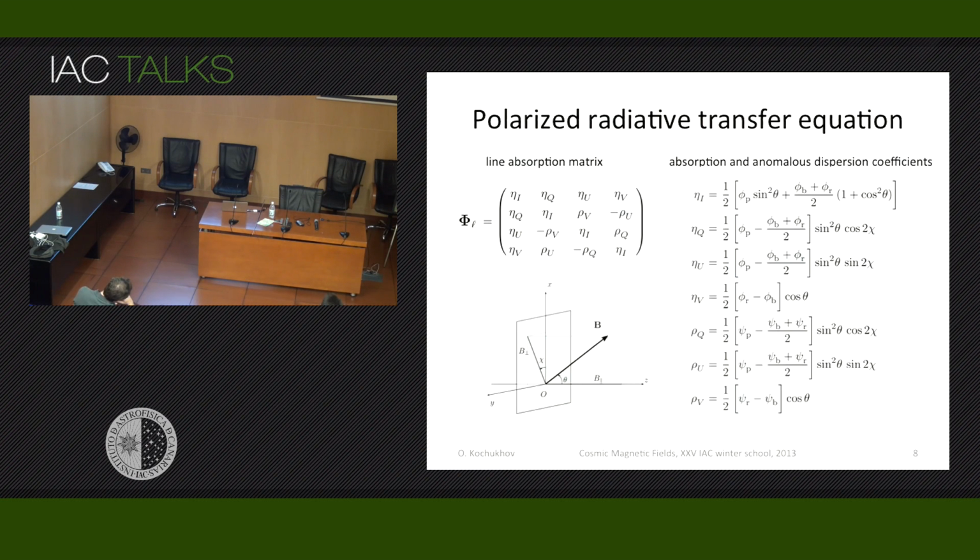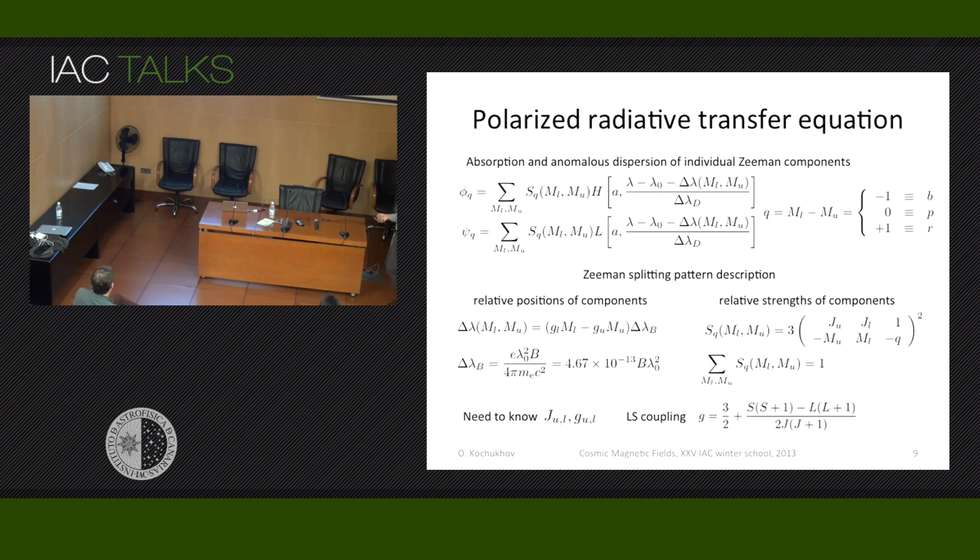So what you can tell is, for instance, Stokes V is sensitive only to the cosine theta, so only to the line of sight component of the field. Whereas Stokes Q and U are sensitive to both angles. So they are measuring orientation. In particular, they are measuring the orientation of the field in this plane perpendicular to the line of sight.